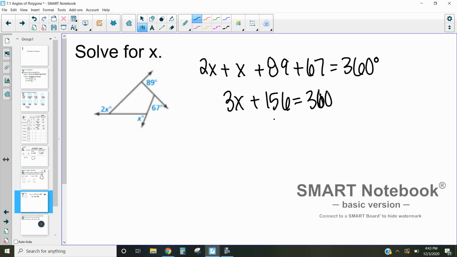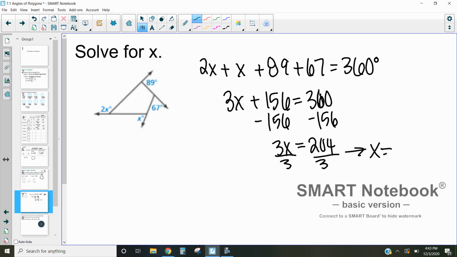And then lastly, we want to solve for x, so we're going to subtract 156 from both sides, and we end up getting 204 equals 3x, and then we can divide by 3 on both sides, and we end up getting that x equals 68 degrees, right?